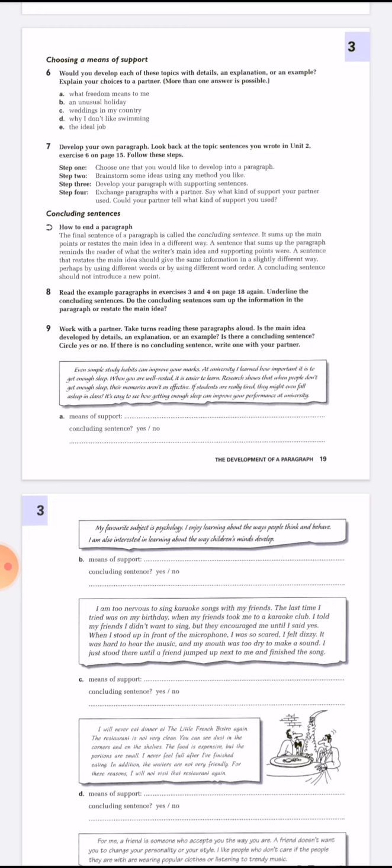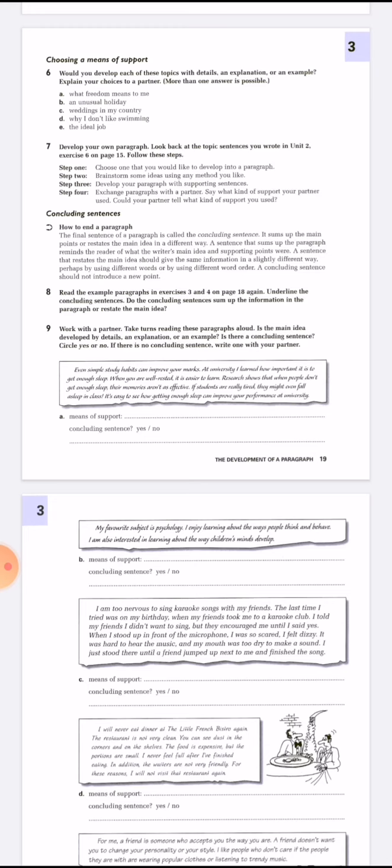So what is the purpose of a concluding sentence? It is to remind the reader of what the writer's main idea was. The restatement should give the same information in a slightly different way, perhaps by using different words or a different word order. So يعني مجرد انه نقدم ونأخر بعض الكلمات مع استبدال بعض الكلمات منها.